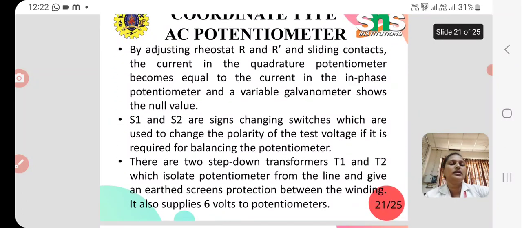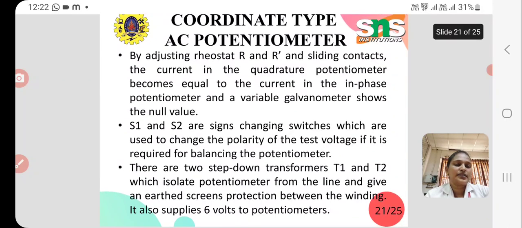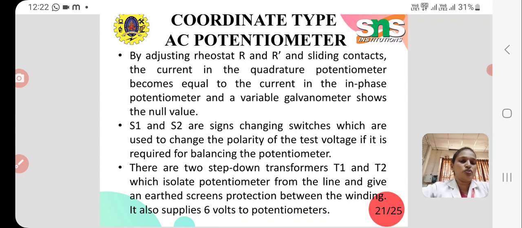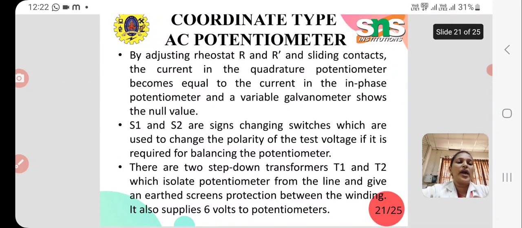By adjusting the rheostats R and R dash, the sliding contacts, the current in the quadrature potentiometer becomes equal to the current in the in phase potentiometer, and the galvanometer shows null deflection. By changing S1 and S2, which are the sign switches, we can change the polarity of the test voltage, the unknown voltage. By doing so, we can get all the values of the 4 quadrants.